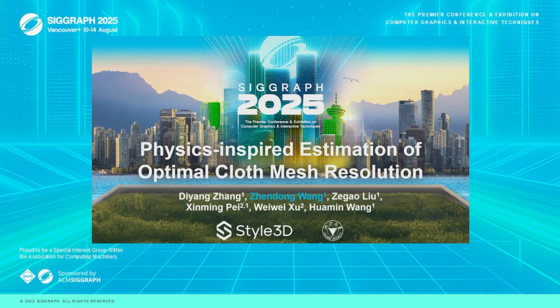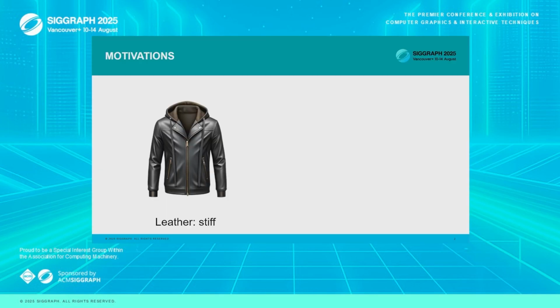Today, I'm excited to present our work on physics-inspired estimation of optimal cloth mesh resolution. So, the first motivation behind our method is quite straightforward. Let's take this leather jacket for example. Because leather has relatively high bending stiffness, we only see coarse wrinkles in this jacket.